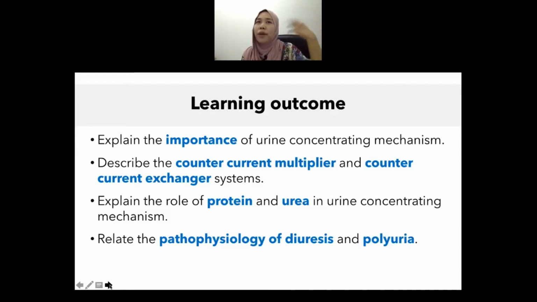So let's recap. What are the types of fluids you have in your body? We have the body fluids. We have blood, and what else? We have the cerebrospinal fluid, CSF.